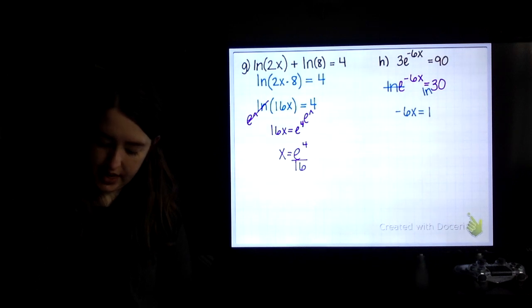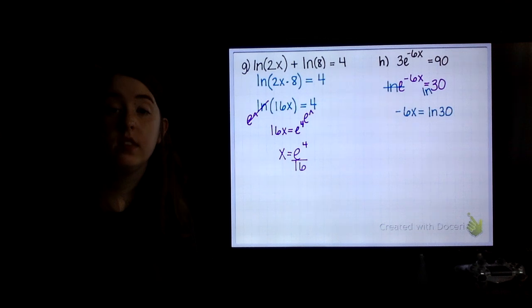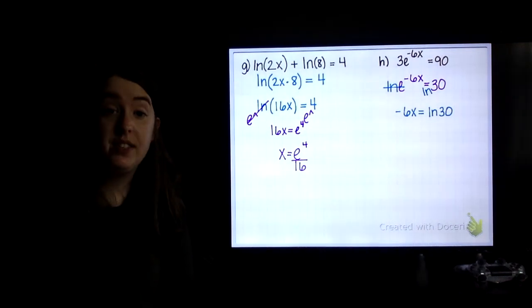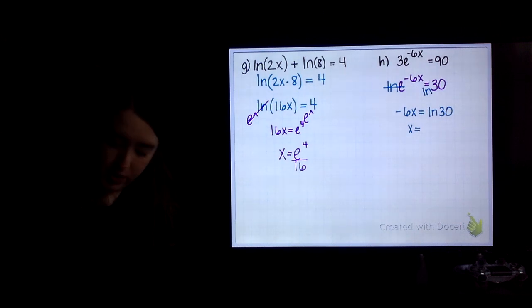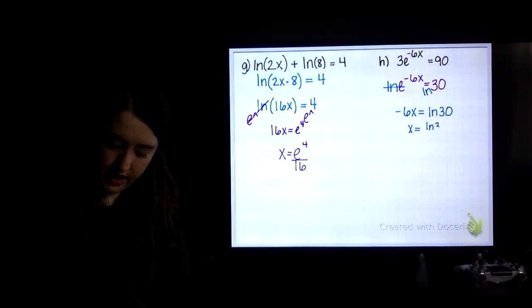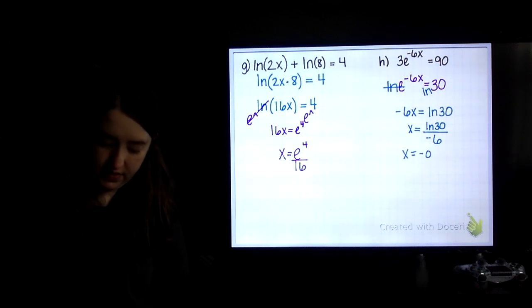And the right is just the natural log of 30. So then the last thing you want to do is divide by negative 6 on both sides to get x by itself. So x will be the natural log of 30 divided by negative 6. So if we put that into our calculator, that's going to give us negative 0.57.